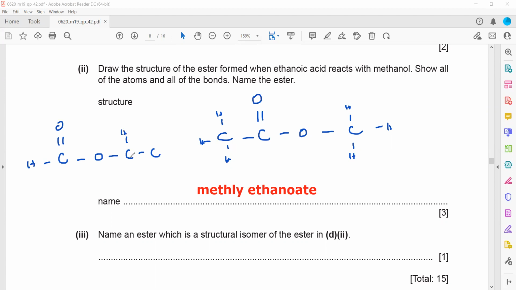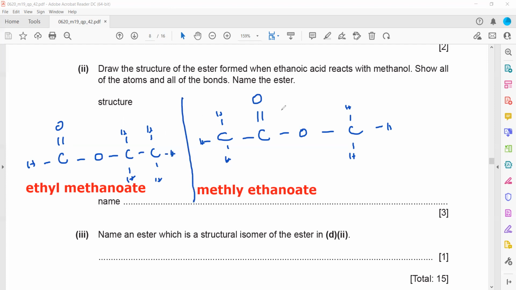So what will be the name of this ester? Now, because on the right hand side with oxygen it contains two carbons, and with C double bonded with O there is only one carbon, the name of this ester is ethyl methanoate. So we just switch the position, and it becomes ethyl methanoate, and this was methyl ethanoate.